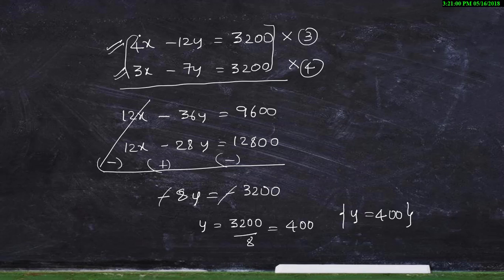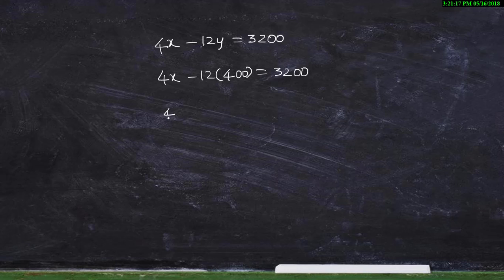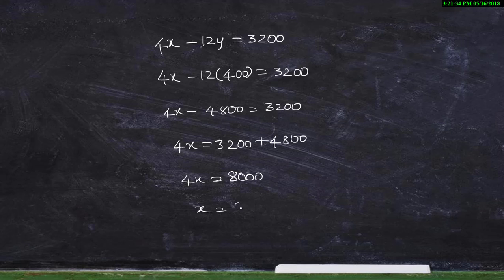I'll substitute in the first equation. 4x minus 12y is equal to 3200, and the y value we got is 400. 4x minus 12 into 400 is equal to 3200. 4x minus 4800 is equal to 3200. 4x is equal to 3200 plus 4800, which is 8000. x is equal to 8000 by 4, that will become 2000. x is 2000.